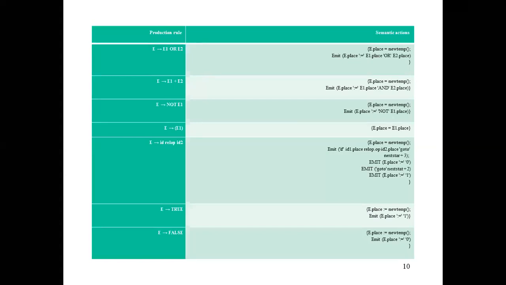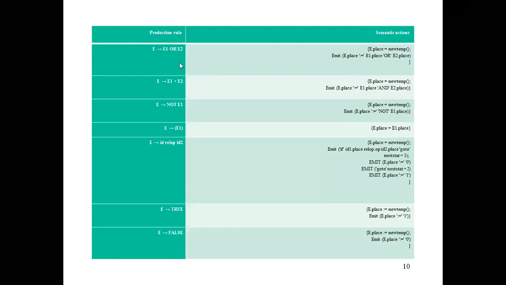On the screen you can see that we can write the given grammar as E is equal to E1 or E2. Now, what will be the semantic action for this?